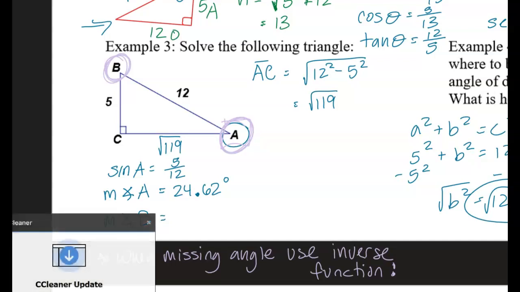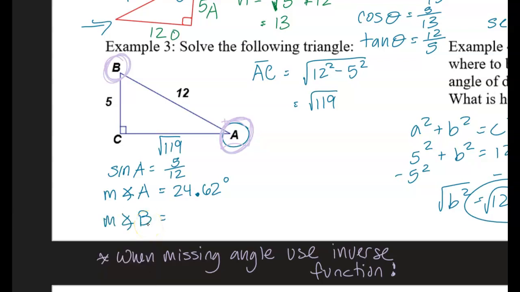I really hope that you remember that the angles in a triangle add up to 180. So here, for the right triangle, I know that this is 90.